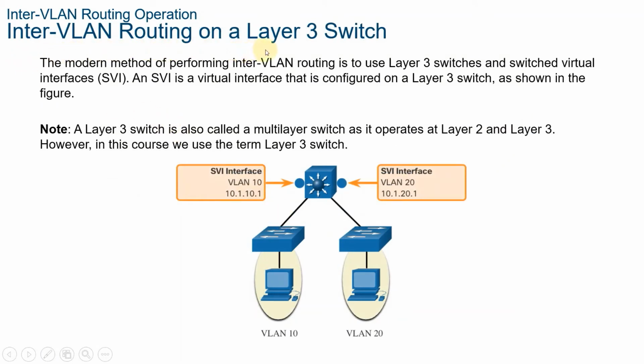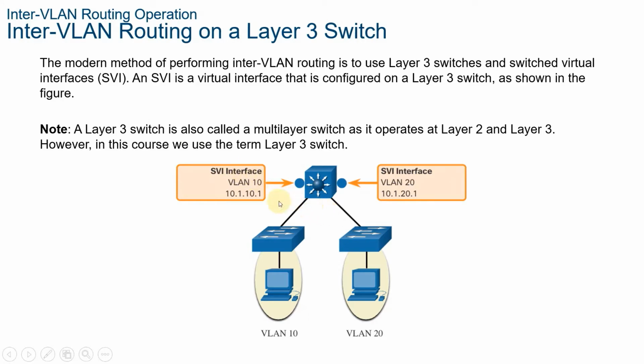Inter-VLAN routing on a layer 3 switch. So the modern method of performing inter-VLAN routing is to use layer 3 switches and switched virtual interfaces, or SVI. An SVI is a virtual interface that is configured on a layer 3 switch, as shown here in the figure.